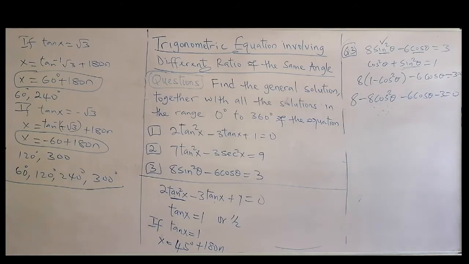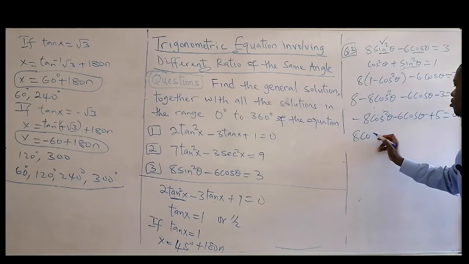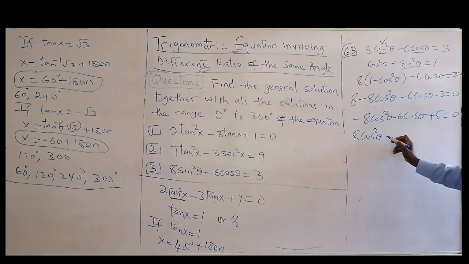So what can we do now? This will give us minus 8 cos squared theta minus 6 cos theta, 8 minus 3, that's plus 5 equal to 0. Then you can multiply through by negative, and by so doing you have 8 cos squared theta plus 6 cos theta minus 5 equal to 0.